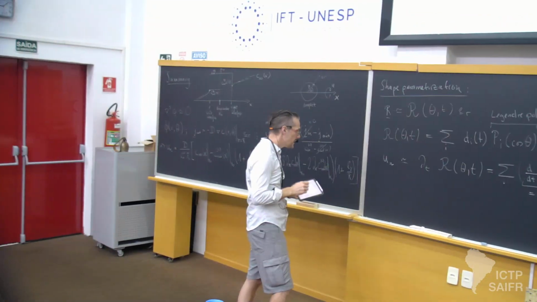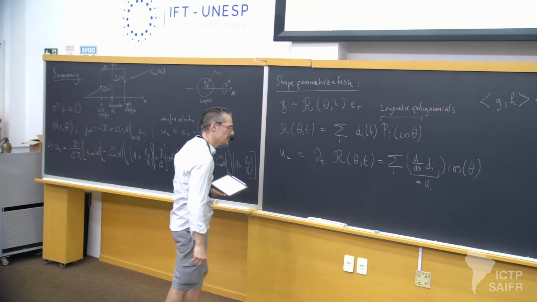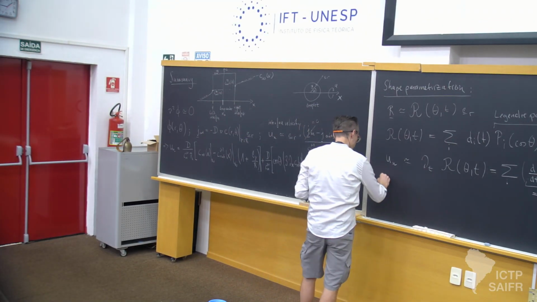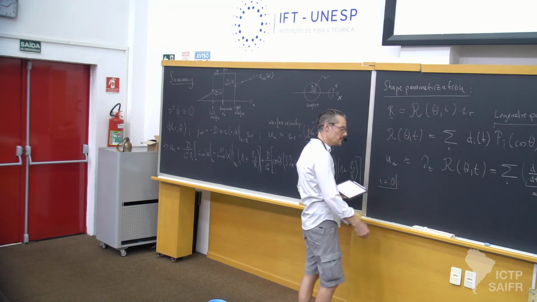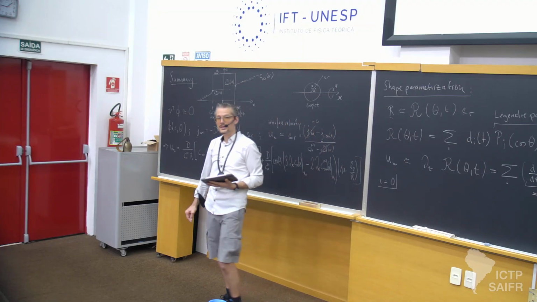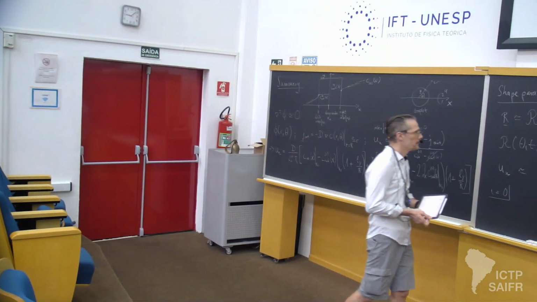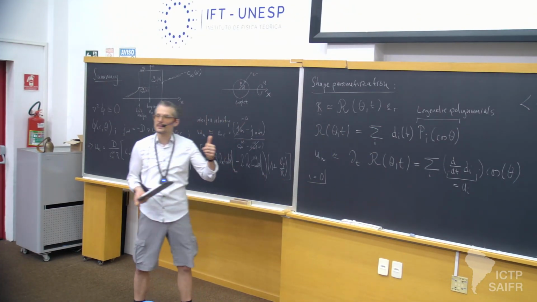Okay, then what are now these specific moments? We can write, for example, i equal to 0. Okay, i equal to 0 is d_0. Well, what is this? What do you think? What is d_0? So the zeroth polynomial. What is the Legendre polynomial?